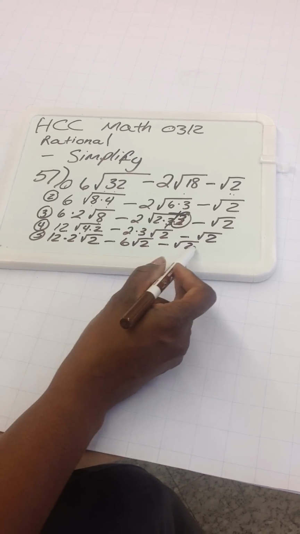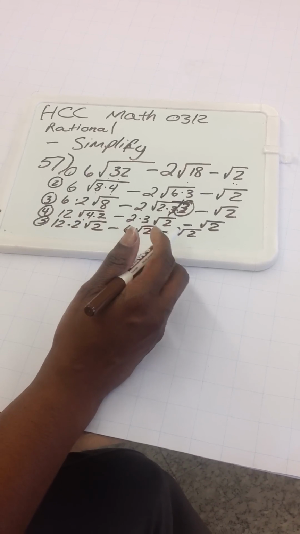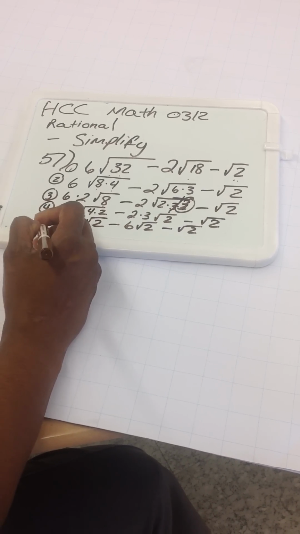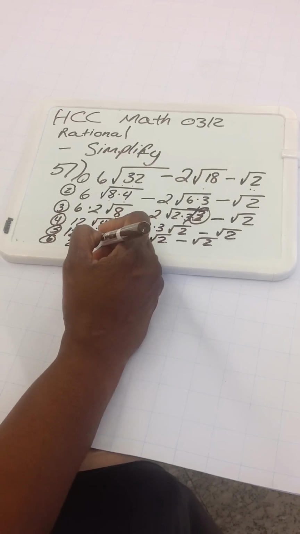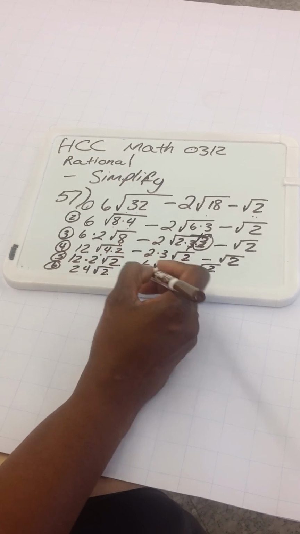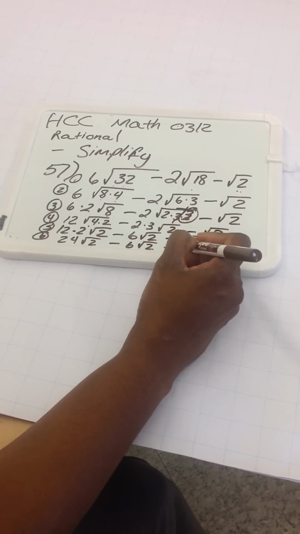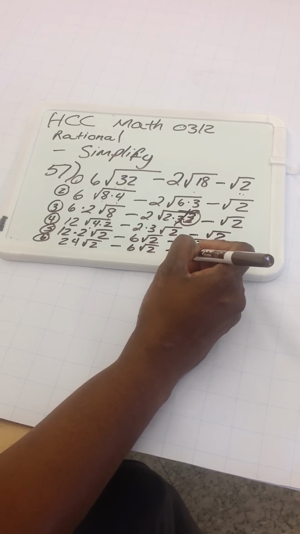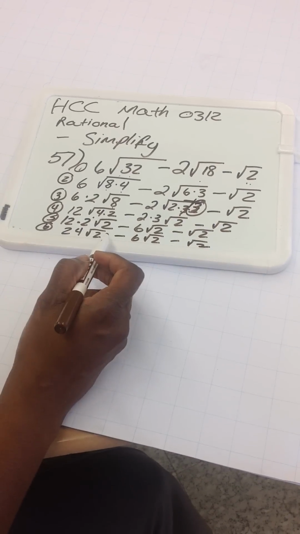We do have the same common number in each one of the radicals. So now we can combine these. So our step 6 will be 12 times 2, which is 24. 24 times the square root of 2, minus 6 times the square root of 2, minus, it's understood to have a 1 in front of here, 1 times the square root of 2. Now, they all have the same thing.